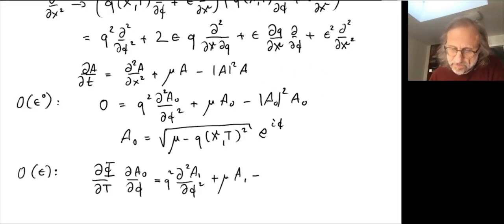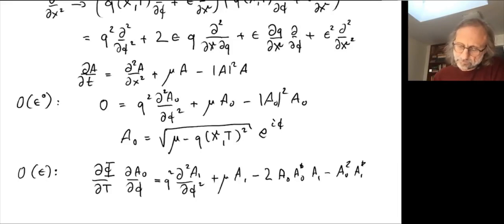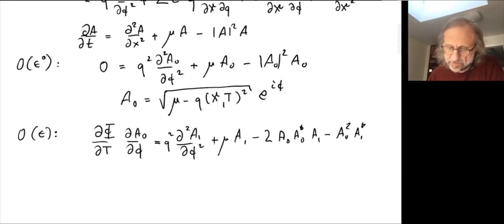And so this is actually an A0 squared times A star. So we have 2|A0|² A1, and then also minus A0² A1 star. Okay, so that's everything that involves A1.